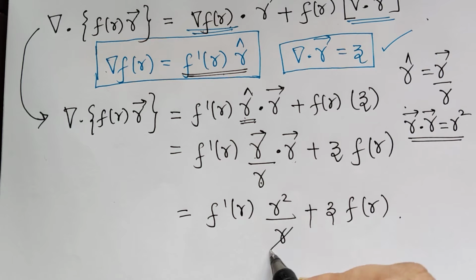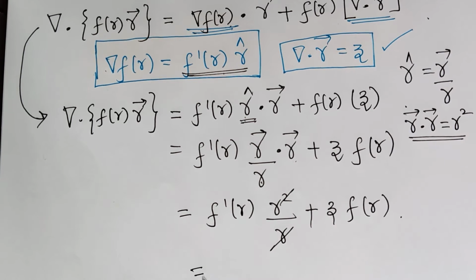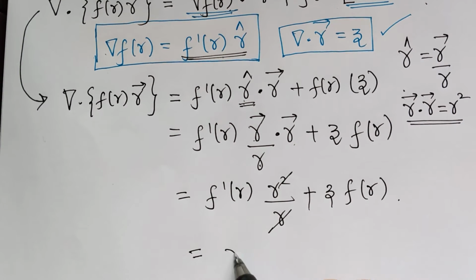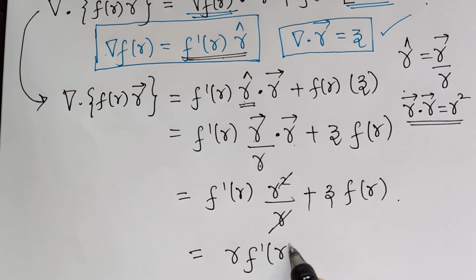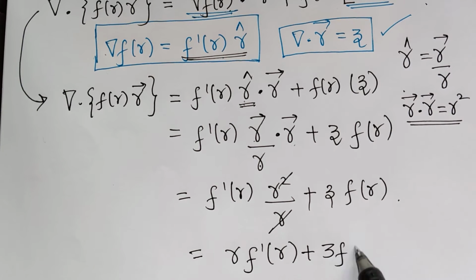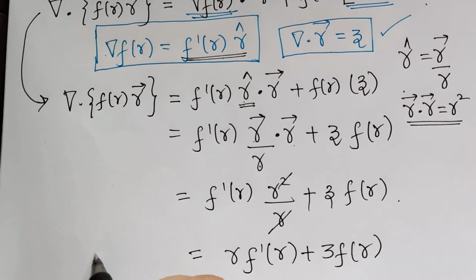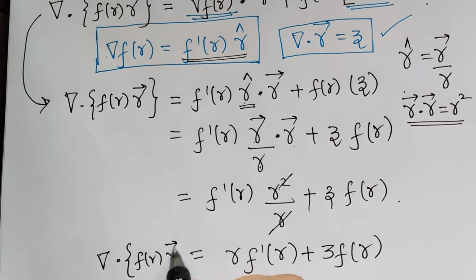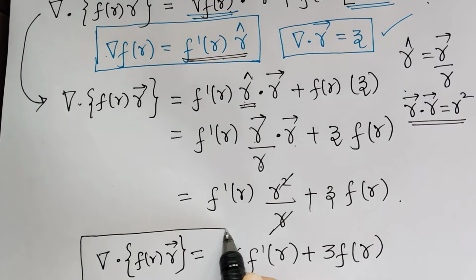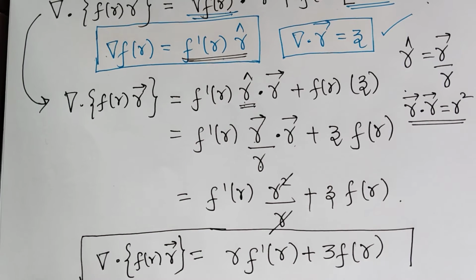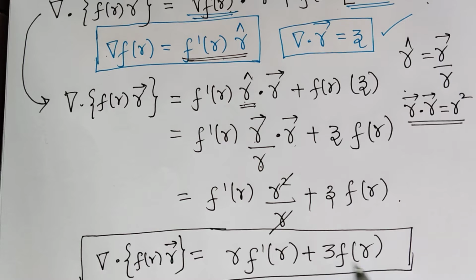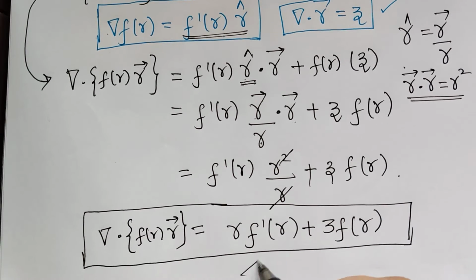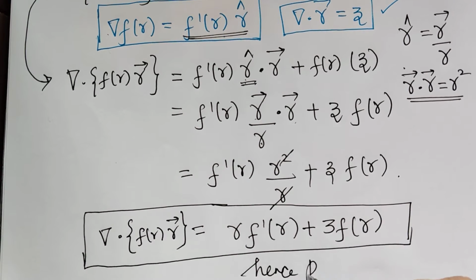Now we see that one of the r gets cancelled and we get the answer to be equal to r multiplied with f dash of r plus 3 f of r. So this is the required result that we have to prove. So del dot f of r vector is equal to r multiplied with f dash of r plus 3 f of r. So hence we have proved the required result.